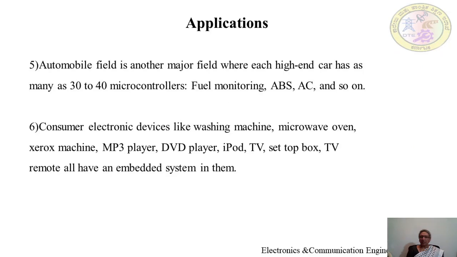Here, a high-end car may have as many as 30 to 40 microcontroller based embedded systems in it. Some of the embedded systems found in cars or vehicles are for fuel monitoring, ABS, anti-braking system, air conditioners, and so on.